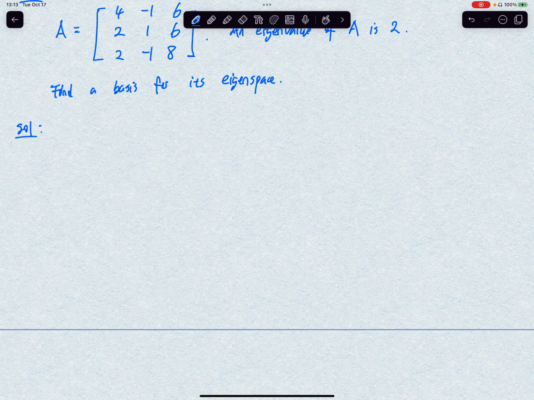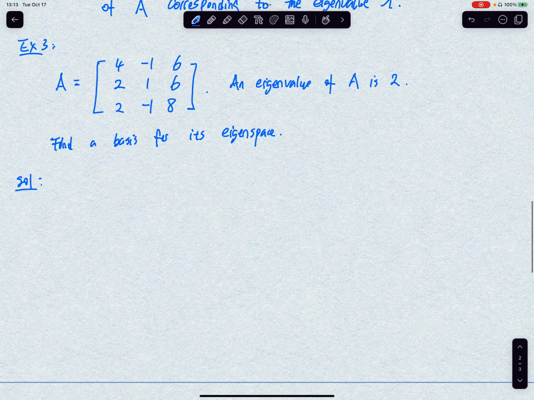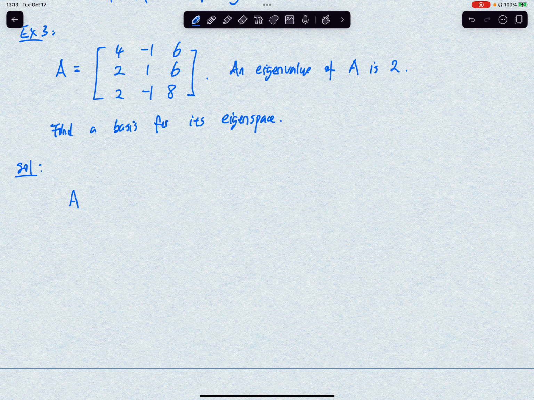To find the eigenspace, it is equivalent to find all the non-trivial solutions of (A minus 2 I_3) x equals 0.